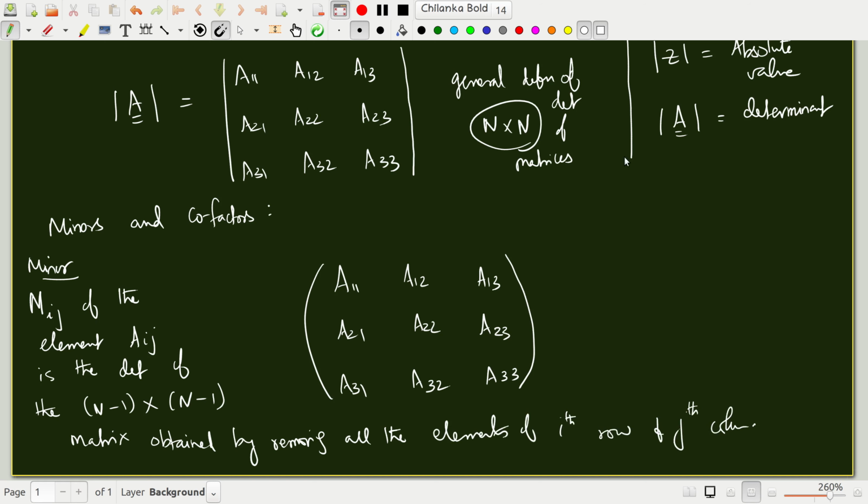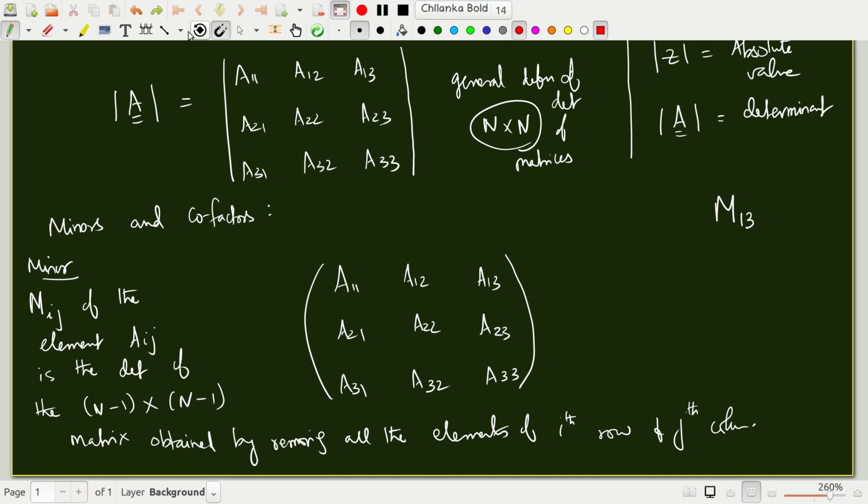Okay, suppose I am interested in, let's say, M13, just for the sake of argument. Now what am I supposed to do? I'll take the first row and third column, and then I will knock off all the elements.